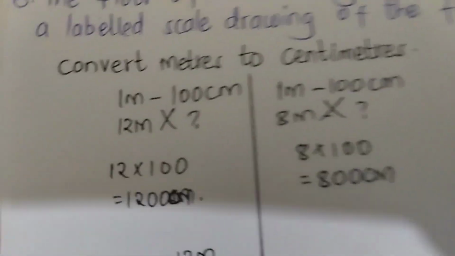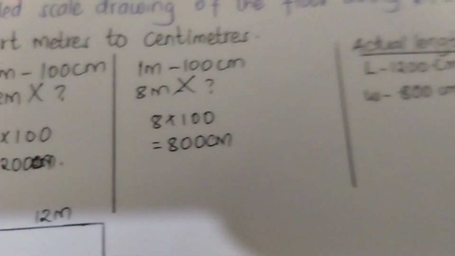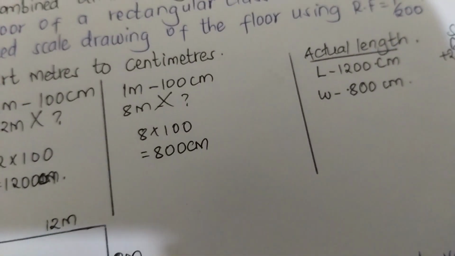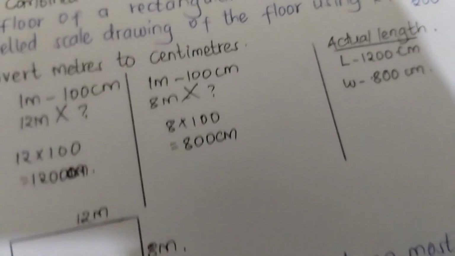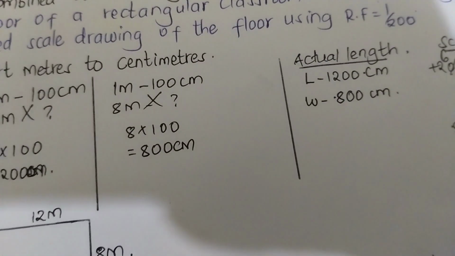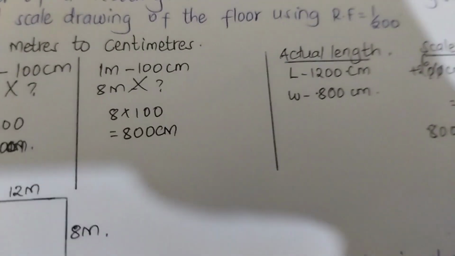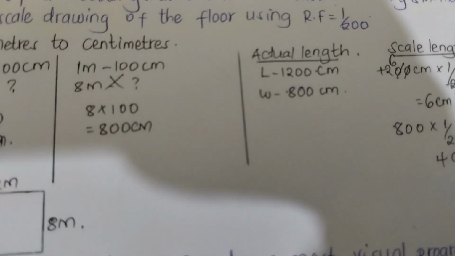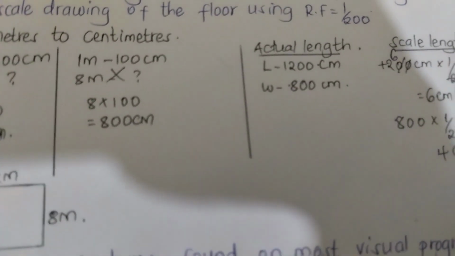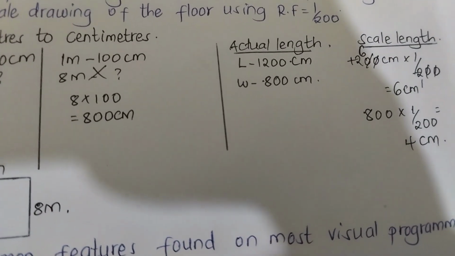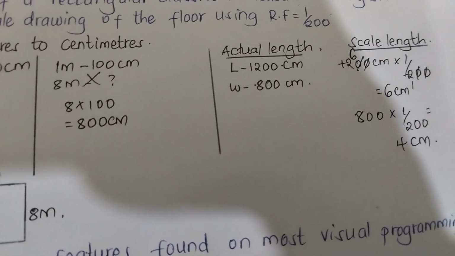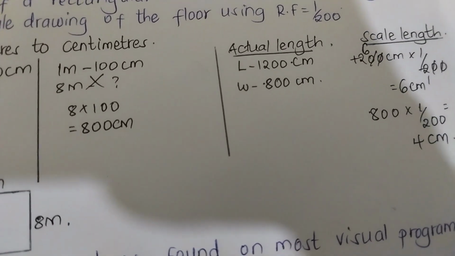After that, we've got our actual length, which is now 1200 centimeters, and the width, which is 800 centimeters. So that is our actual length. Then we've got our scale length, so we have to look for it because we don't have it.